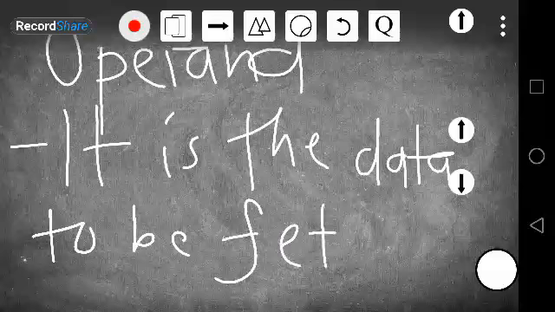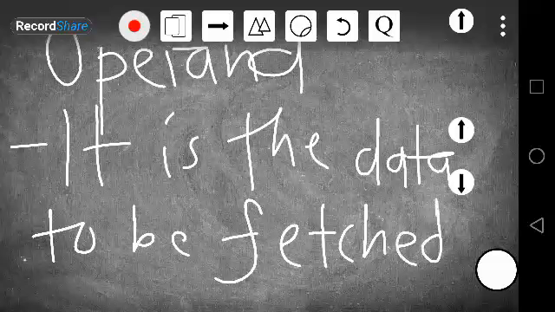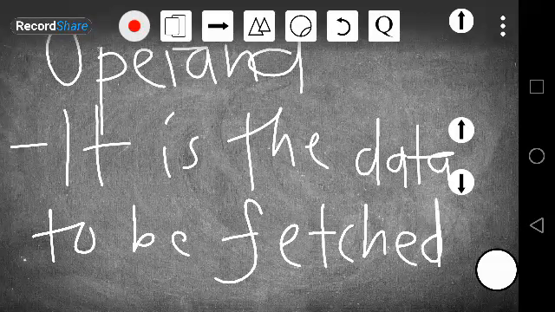So data that we want to store or retrieve from certain memory locations is called an operand. I have just defined an operand because we are going to use that word most frequently in addressing modes.